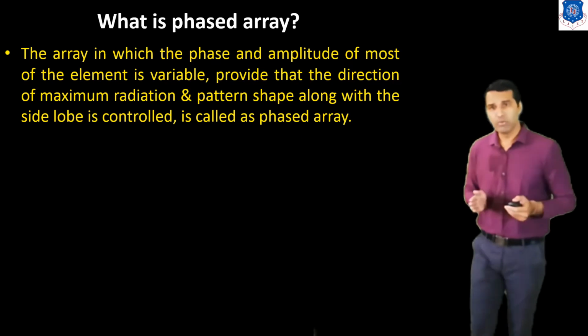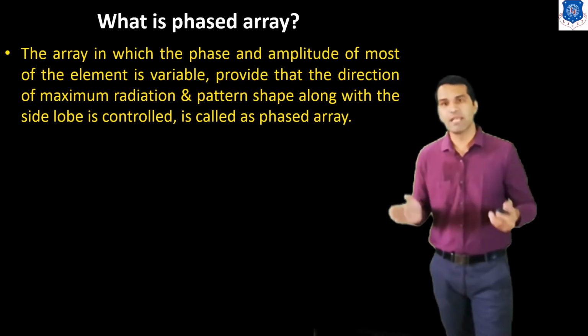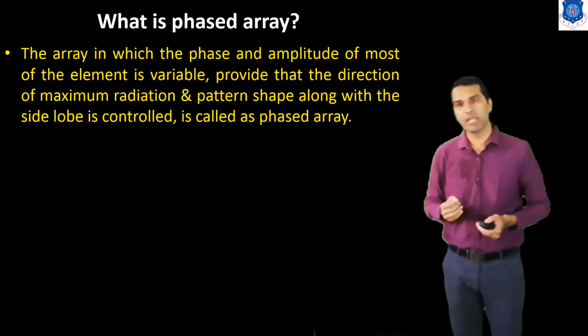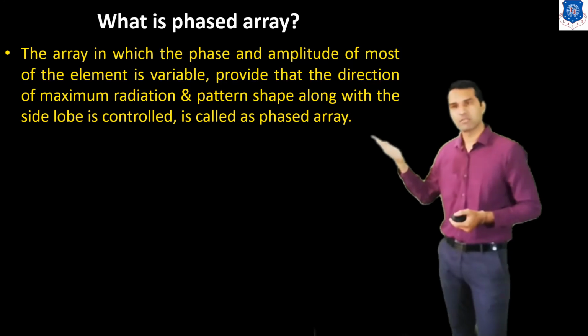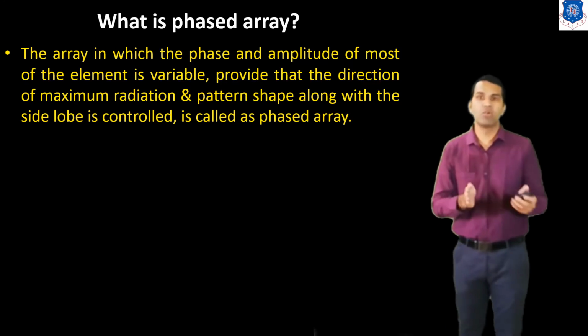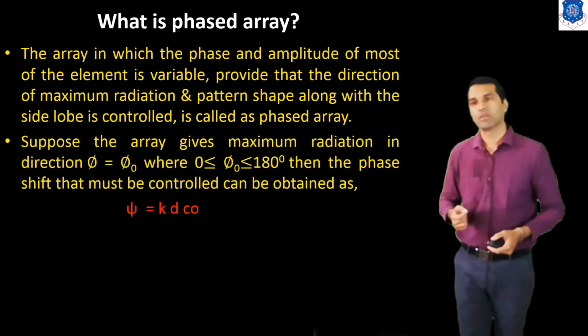So we can design our desired radiation pattern by using this phase array concept. That means we can control the side lobes and also place the major lobe in our desired direction by using this phase array concept.